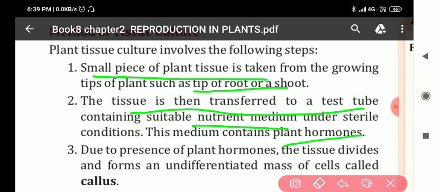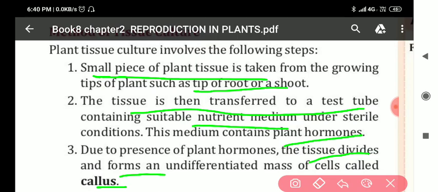Then third point, see it. Due to the presence of plant hormone, the tissue divides and forms an undifferentiated mass of cells. This undifferentiated mass of cells is known as callus. So in the third step, callus formation takes place.